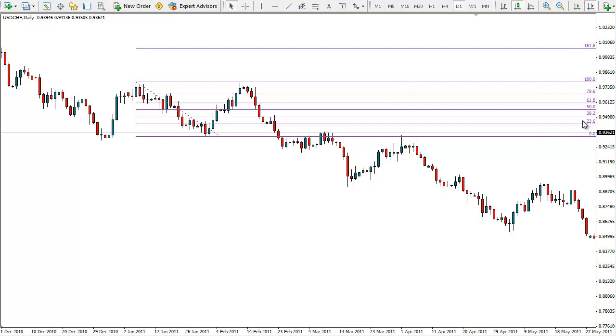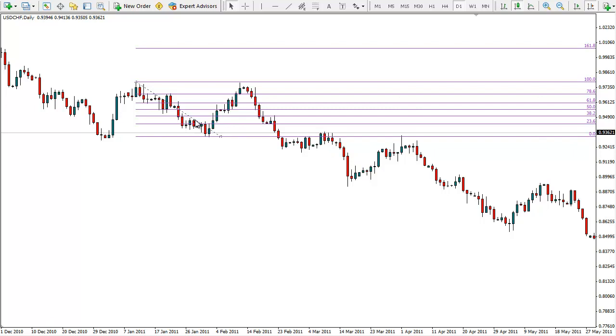So you see the 23.6, the 38.2, the 50, 61.8 and 78.6, and the 100 is literally your last line of defense there. And as we can see, the price actually reacted to this 100 line, it didn't react to any of the other levels, and obviously it rebounded from there, from the 100% retracement, and carried off on its merry way.